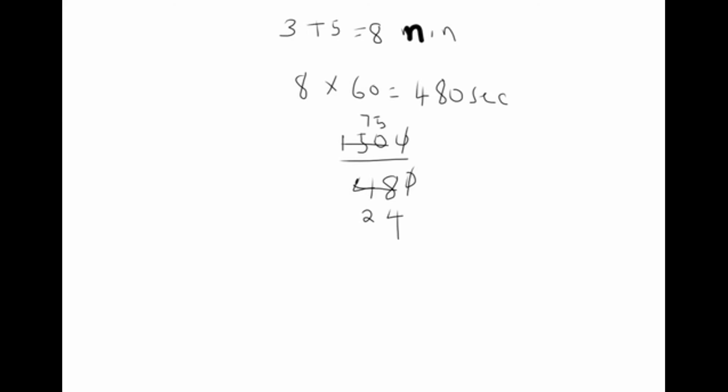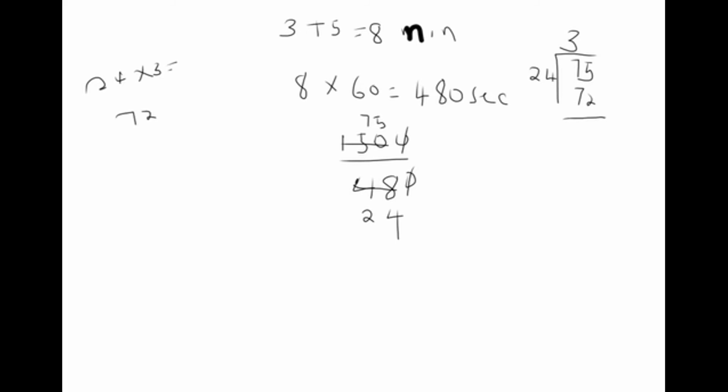Then we use long division. 75 divided by 24. 24 into 75 goes 3 times, because 24 times 3 will give you 72.